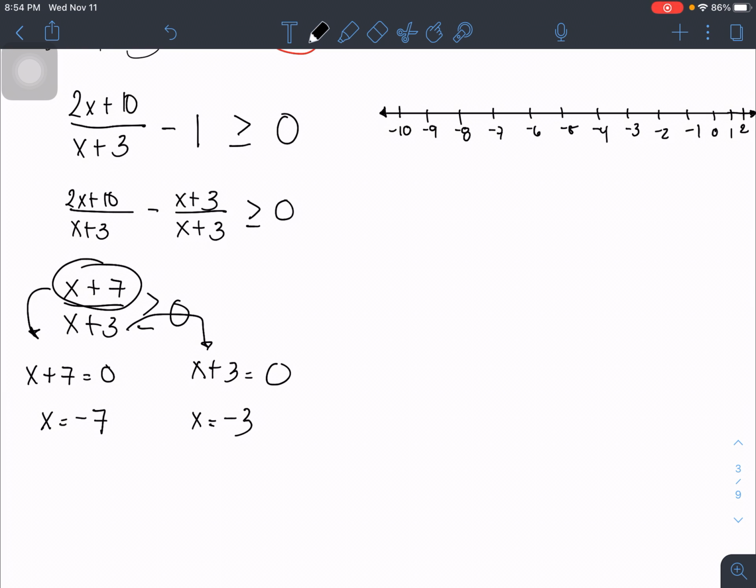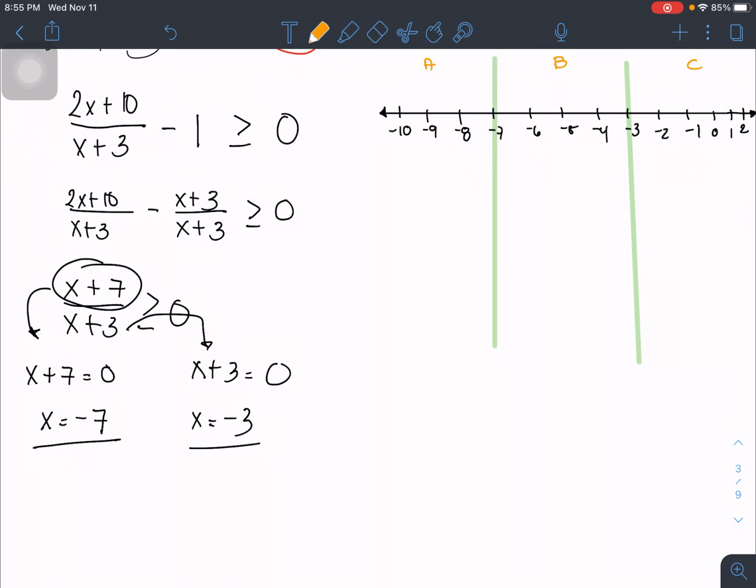So this will be our number line. Using these two values, negative 7 and negative 3, let us create a wall at negative 7 and at negative 3. Maybe I would like to name these partitions A, B, and C.